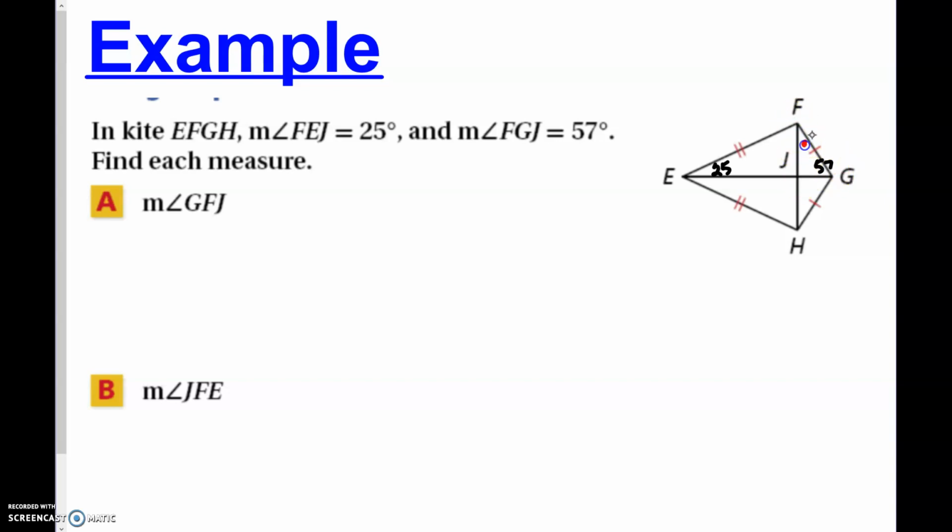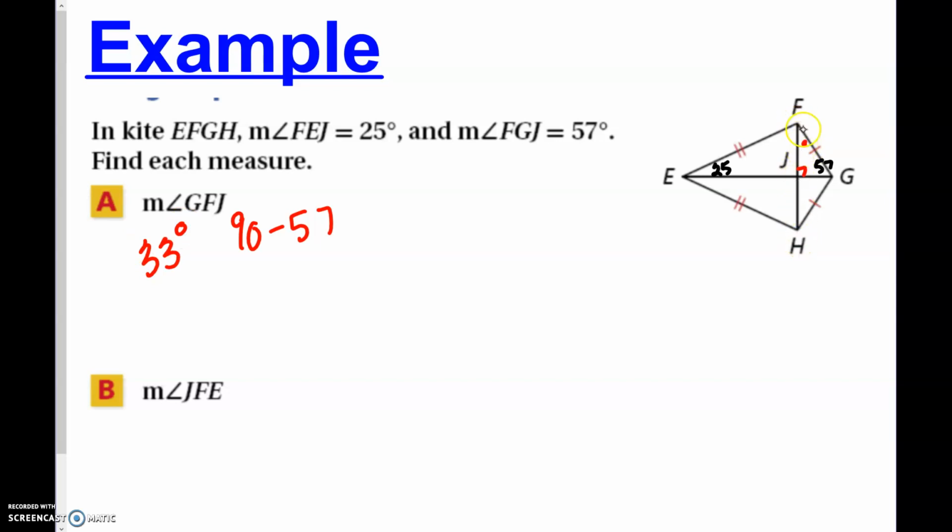Okay, find this angle in here. So that red angle, remember our diagonals are perpendicular. So if we take 90 minus 57, we are going to get the measure of that red angle. So we get 33 degrees.